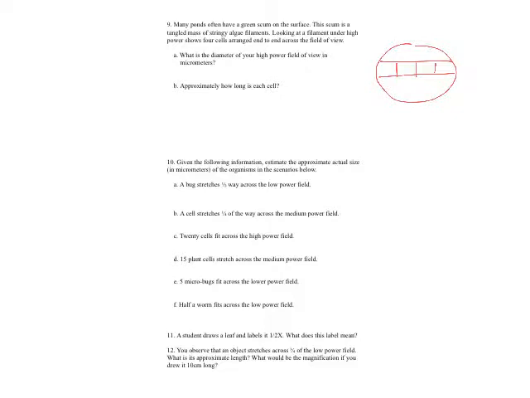Diameter of your high power field. So for this one, I gave it to you actually at 0.4 millimeters, which is 400 micrometers. Okay, approximately how long is each cell? So 400 micrometers divided by 4 cells. So each one is approximately 100 micrometers long.